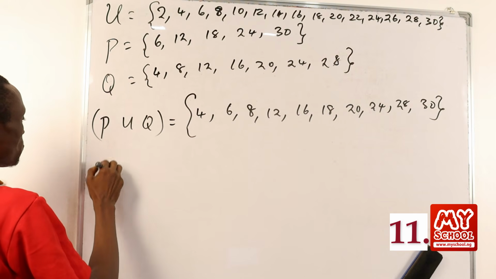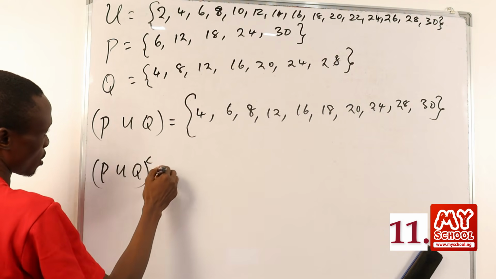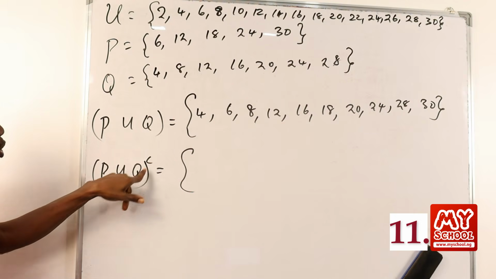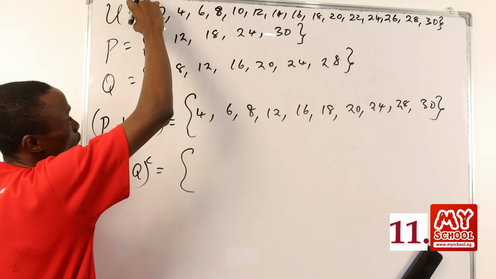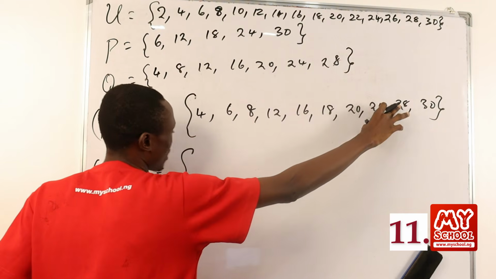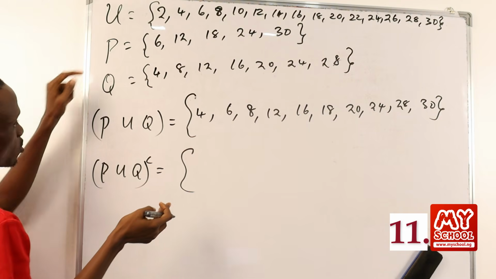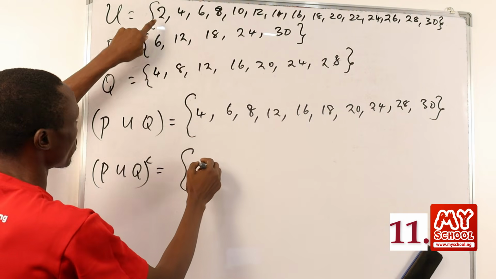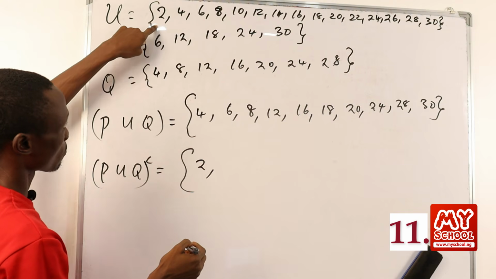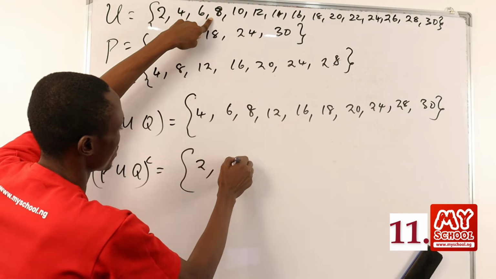Now let's look for P union Q complement. P union Q complement means all the elements in the universal set that are not in P union Q. So for example, we don't have 2 here, so we write 2 out. Then we have 4, 6, but we don't have 10, so we write out 10.